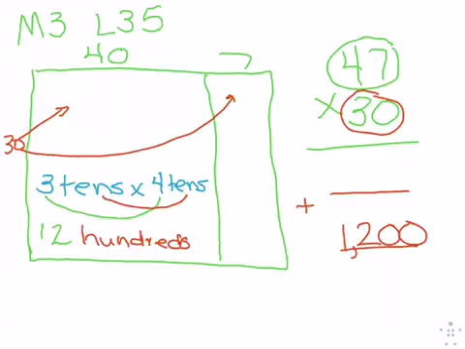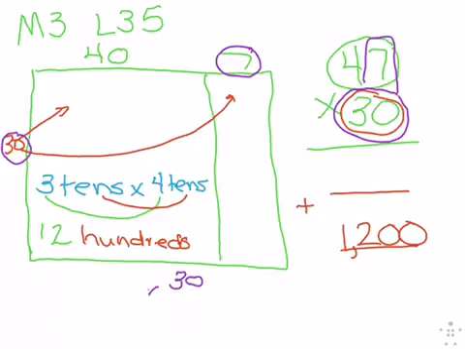Then we're going to multiply 30 times 7. We can do it anywhere, honestly. 30 times 7, you guys know how to do this. 7 times 0 ones is 0. 7 times 3 tens is 21 tens.